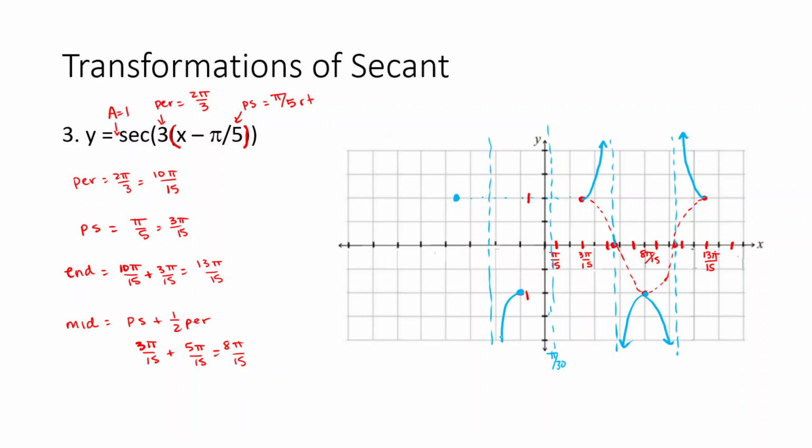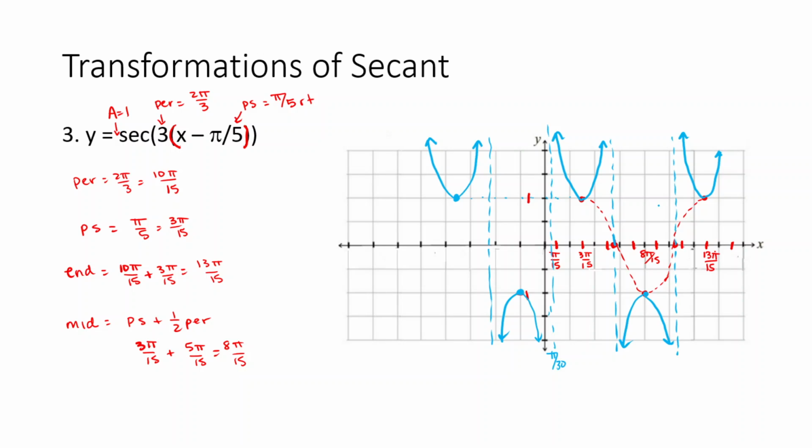And we can flip this down, and we can flip this up, making sure to finish this one. And now I have actually 2.5 cycles of that secant drawn.